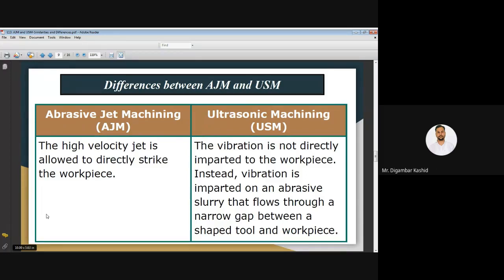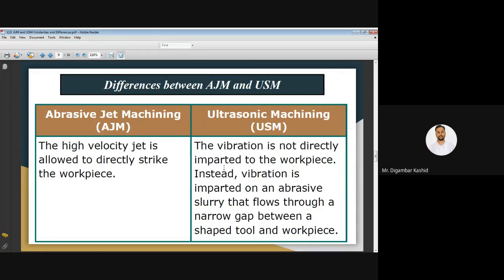Here, in case of ultrasonic machining, vibration is not directly imparted to the workpiece. Instead, vibration is imparted on the abrasive slurry that flows through the narrow gap between the shaped tool and the workpiece.